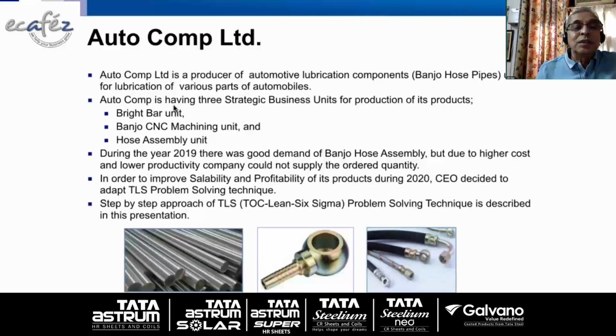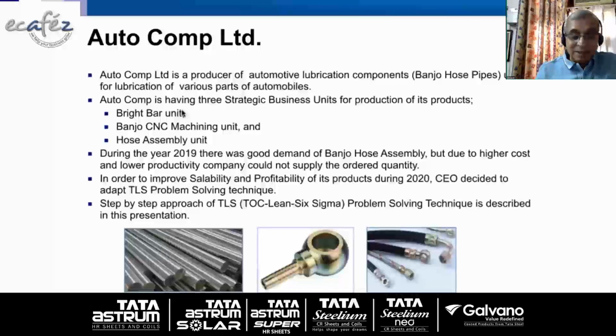During the year 2019, there was a good demand for Banjo hose assembly, but due to higher cost and lower productivity, the company could not supply the ordered quantity. In order to improve sellability and profitability of its products during 2020, the CEO decided to adopt the TLS problem solving technique.